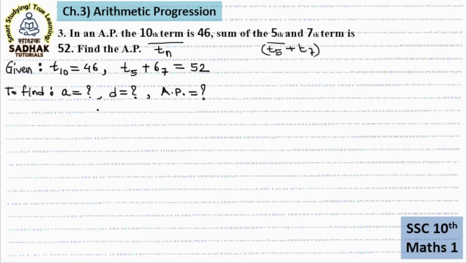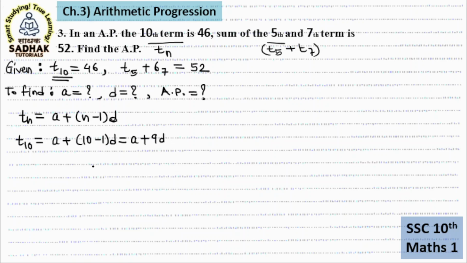For finding out A and D, the formula that we are going to use is the Tn formula. Tn is equal to A plus n minus 1 d. This is the formula that we are going to use, no other way. So for T10, T10 will be A plus 10 minus 1 d, so that will be A plus 9d.